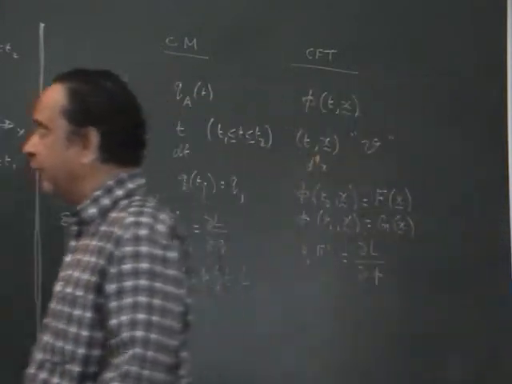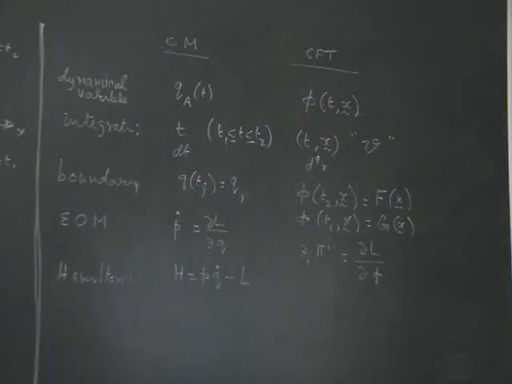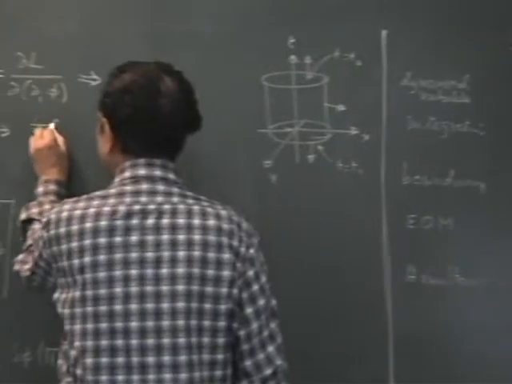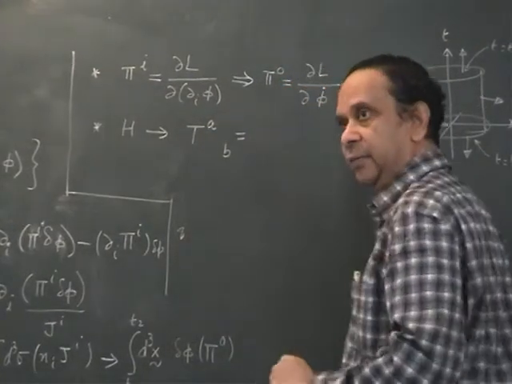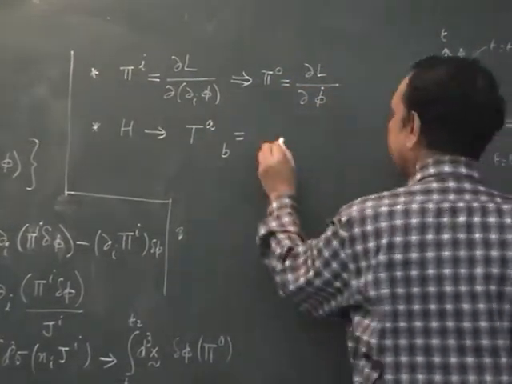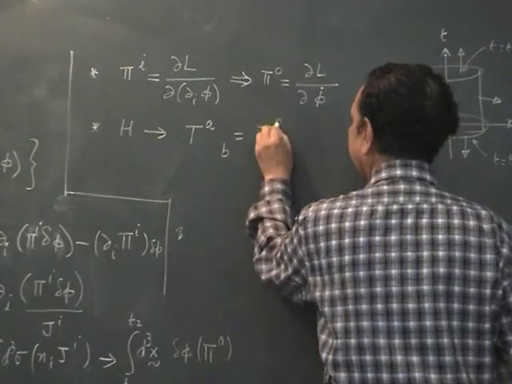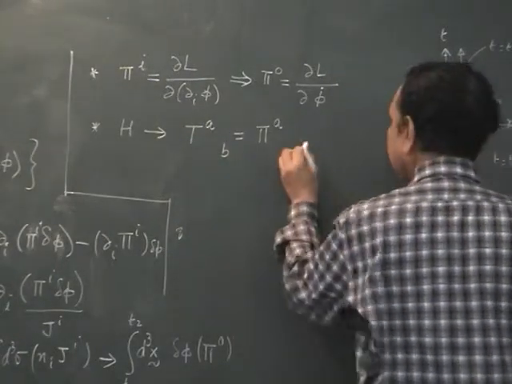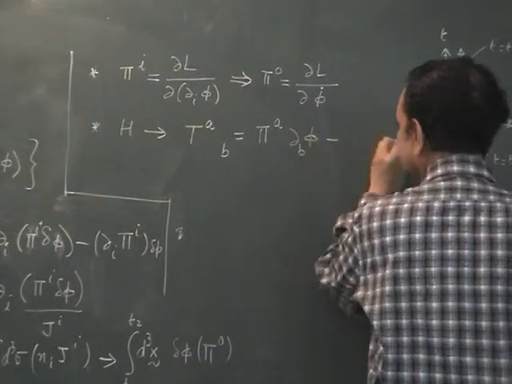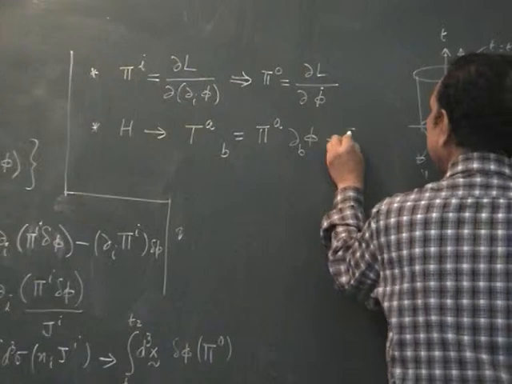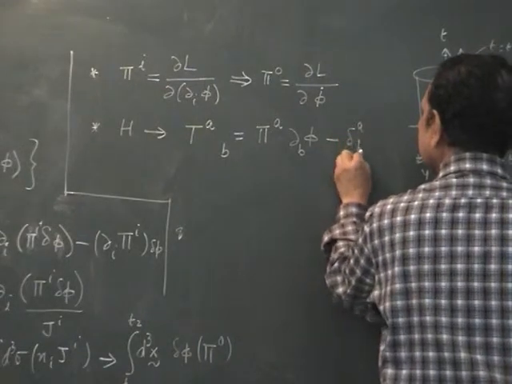So a generic way of generalizing this Hamiltonian is to an object which I will call T^A_B, with two indices, defined by this: P is going to become pi A, then this Q dot is going to become d_B of phi, minus the Lagrangian. Think of it as a matrix, so the Lagrangian comes with a unit matrix.